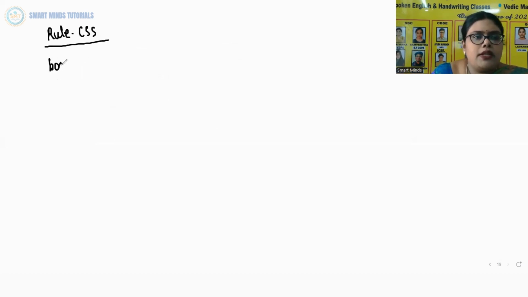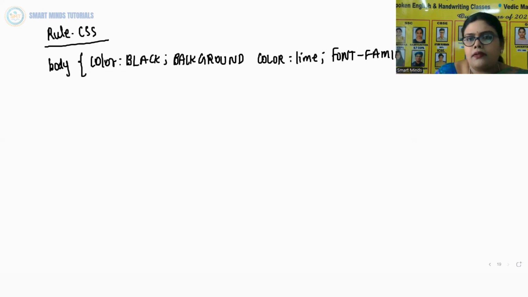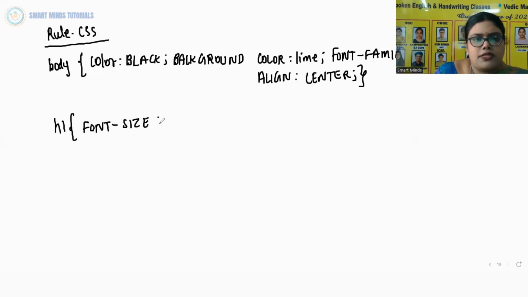rule.css. Then body is the selector, color black, background color lime, font family sans serif, align center. Then H1 selector, font size 20 points.